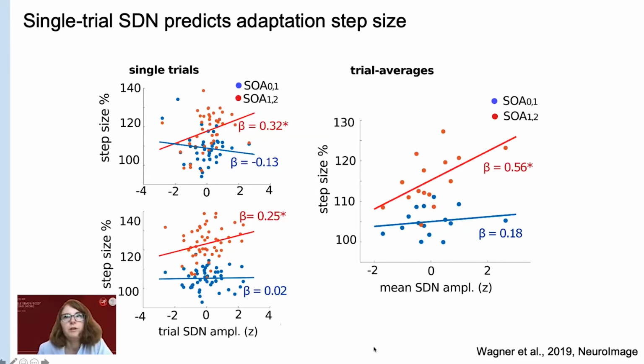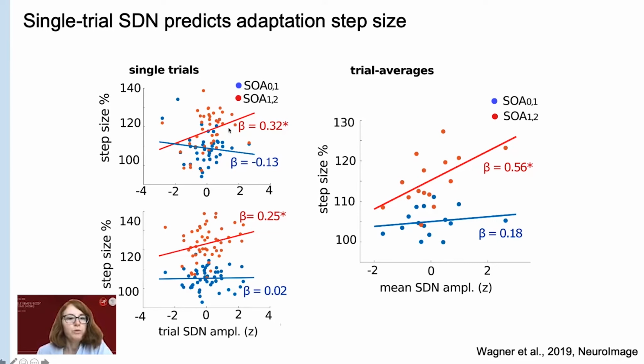To quantify this relationship, we computed a multivariate regression using the first and the second adaptation step as the dependent variables and the SDN amplitude as the predictor. On the left, these are single trials for 2 subjects.